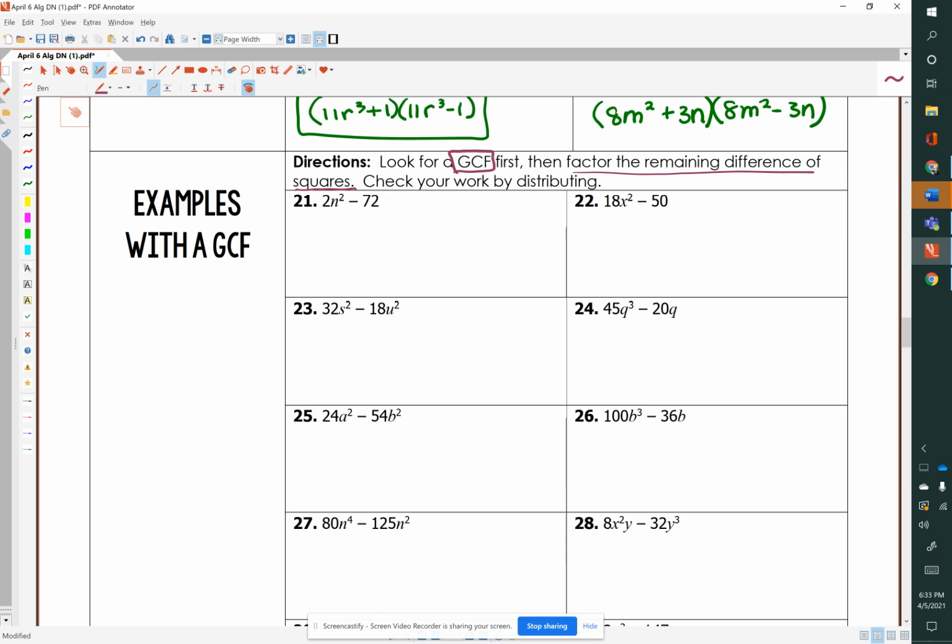So number 21, we're going to factor out a 2, because that would leave us with n squared minus 36. So 2 times n squared minus 36. Now there's our difference of squares, the n squared minus 36. So we just keep the 2 factored out, and then we use the rule we've been doing. So it would be n plus 6, n minus 6.